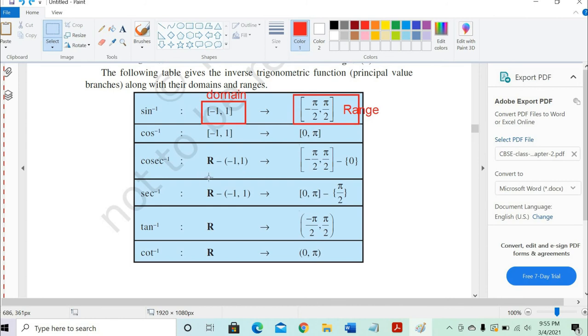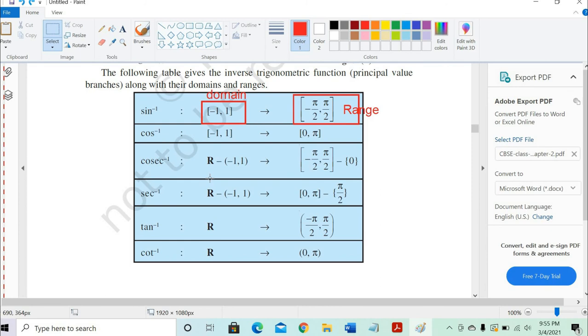Now cosec inverse, what we have seen: the domain is all the values except -1 to 1. And the range is all the values between -π/2 and π/2, but not 0.